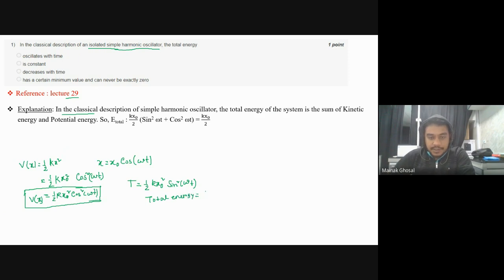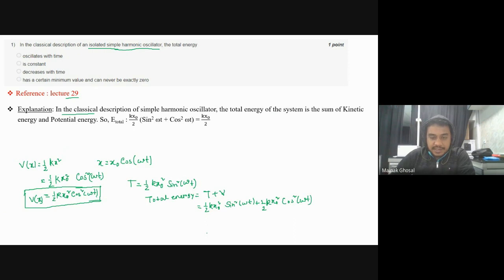The total energy will be the sum of kinetic energy and potential energy: half k x0 squared sine squared omega t plus half k x0 squared cos squared omega t.